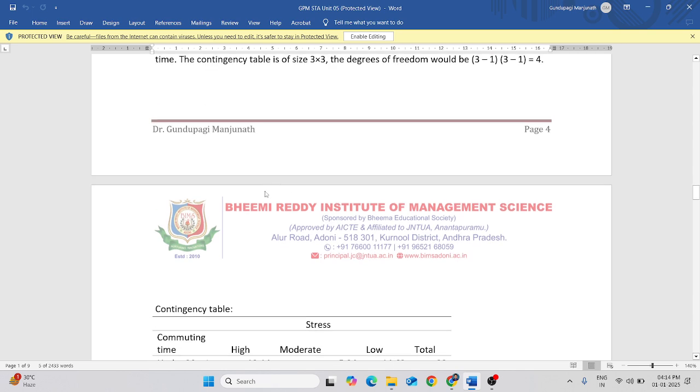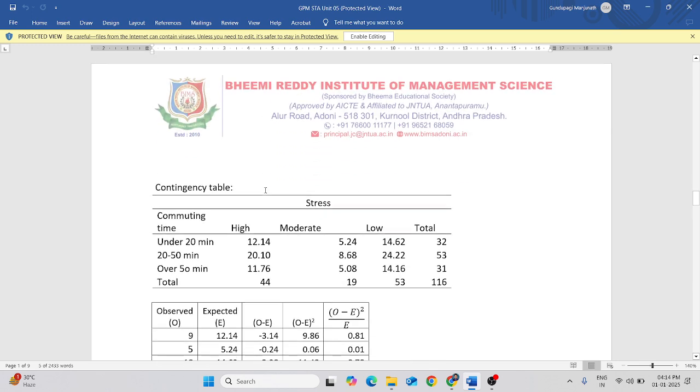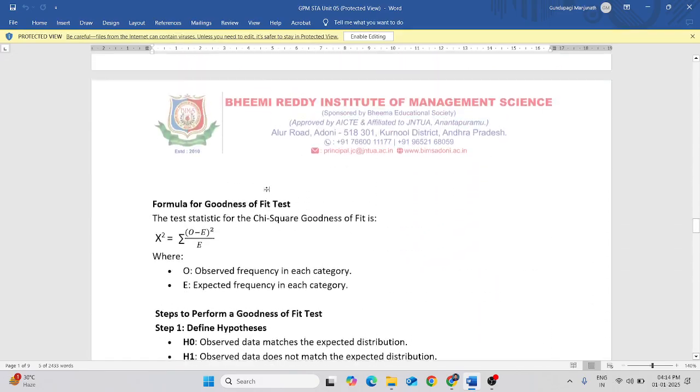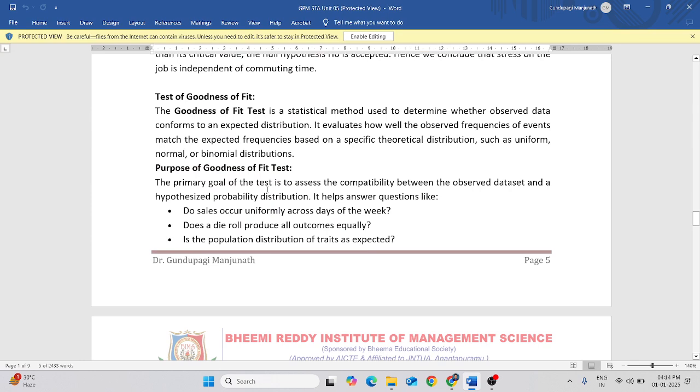The expected value formula is row total into column total by the grand total, so you have to remember that well, and you can calculate very easily.